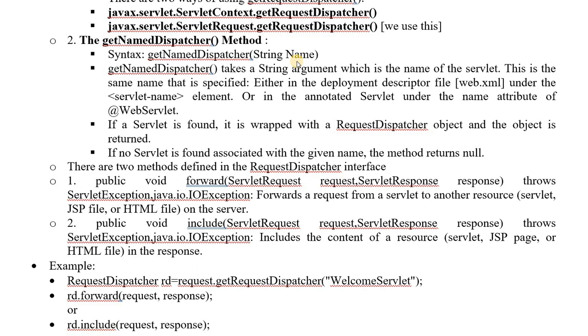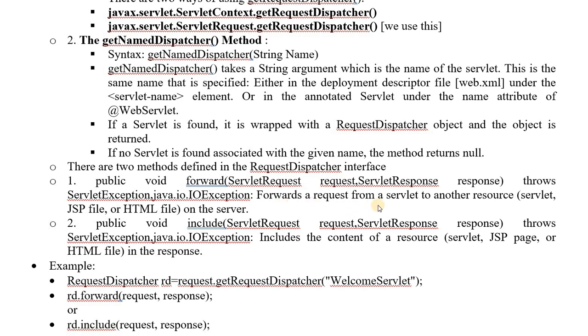Once we have the object of the request dispatcher, we can call two methods on it. If anyone is asking you what are the methods of request dispatcher, your answer must be forward and include. Now, what is the forward method? The syntax of the forward method is public void forward(ServletRequest, ServletResponse) throws ServletException, IOException.